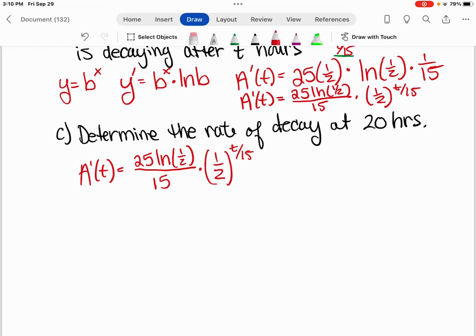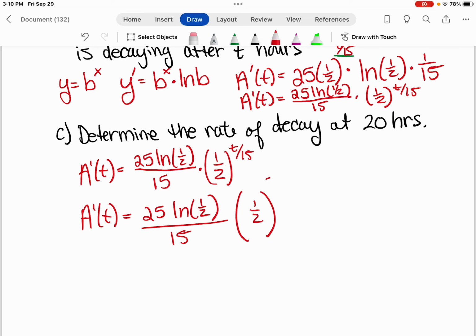I want to plug in 20 for T to find my rate. And actually, let me plug it in here too. I should be doing that as well. Okay, now I'm going to put that in on the calculator.